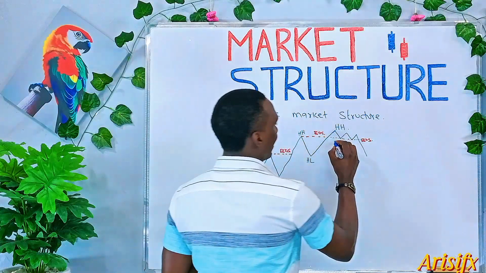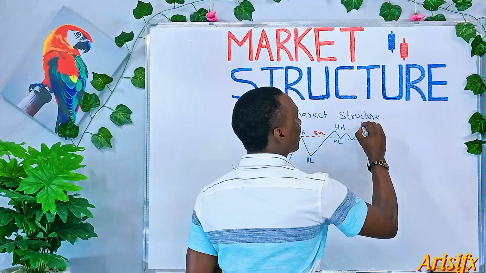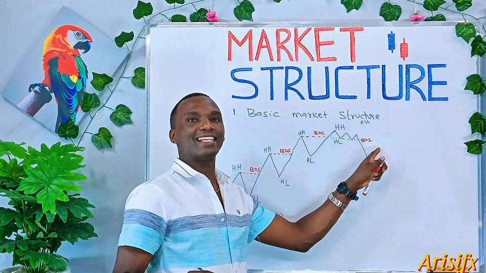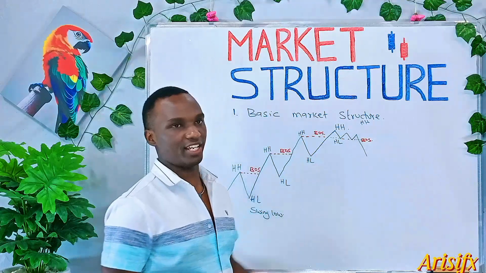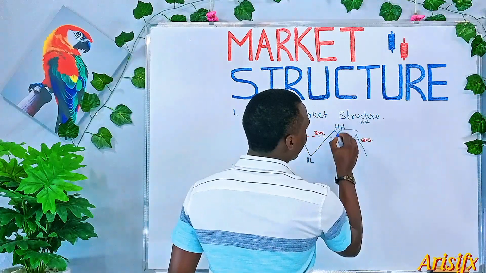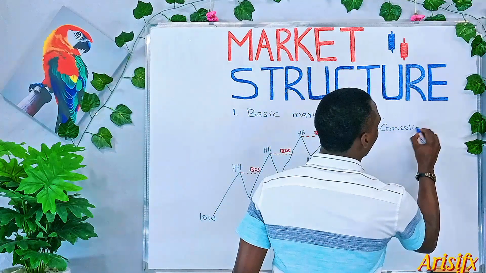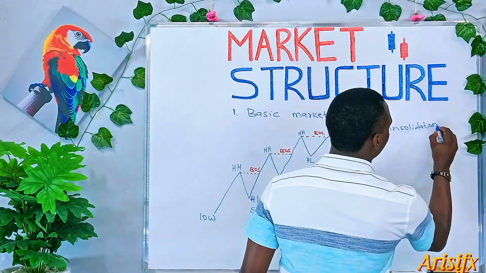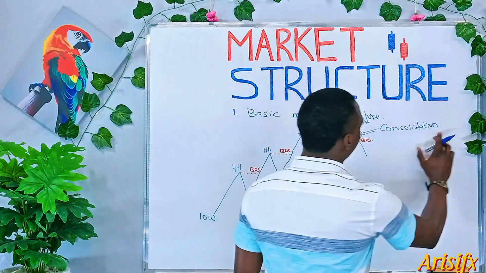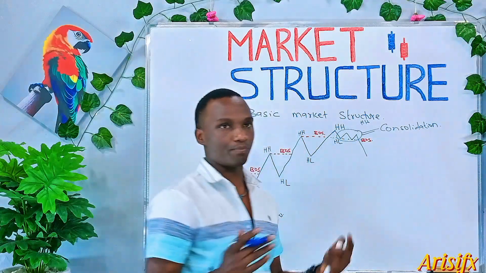Here it was our higher low. Instead of forming some higher highs up here, we see that there is a break of structure here, and what is happening here is called consolidation. Good. So there was accumulation here, some consolidation here, and we are about to experience some distribution.